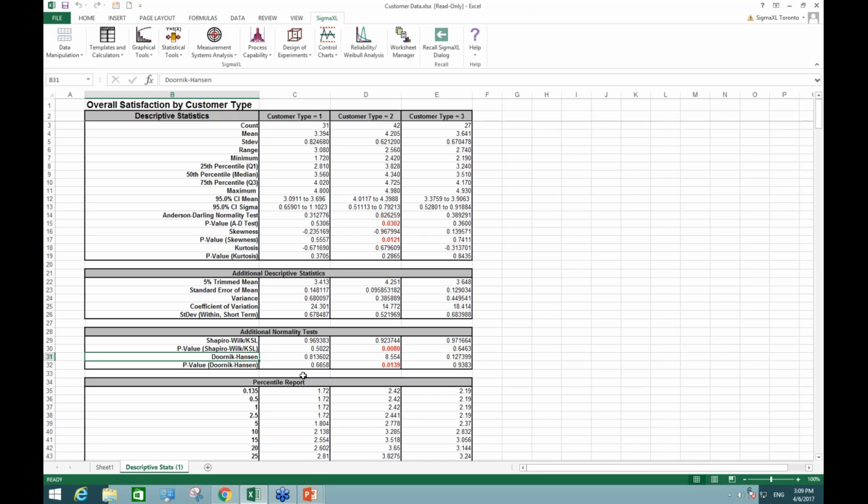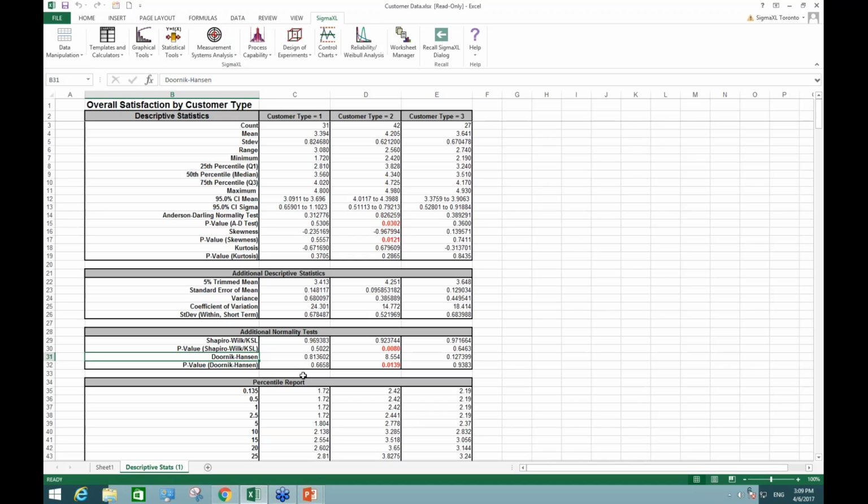The advantage of this particular test is that if your data have ties, if you have chunky data, both Shapiro-Wilk and Anderson-Darling are very sensitive to ties in the data, and they will trigger non-normal even though the shape of the data is normal.